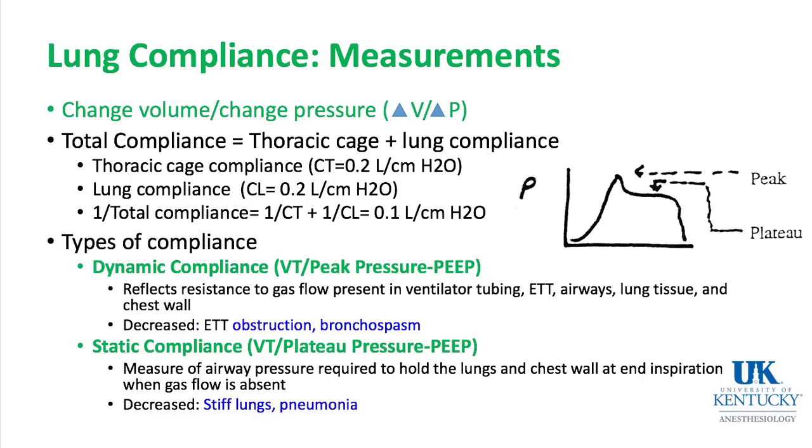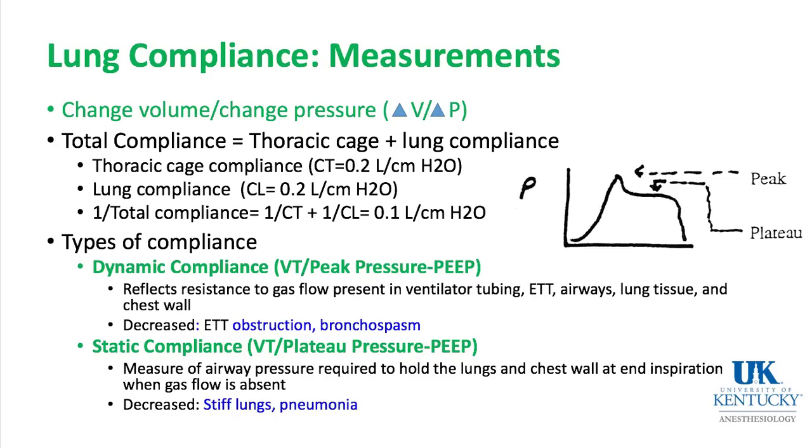There's two major types of compliance that we like to talk about. One is dynamic compliance, and the other is static compliance. Dynamic compliance, again, a change in volume, the tidal volume, over a change in pressure, the peak airway pressure we use in this case, minus PEEP if applied. And over on the far right graphic, you can see where the peak airway pressure is obtained from.